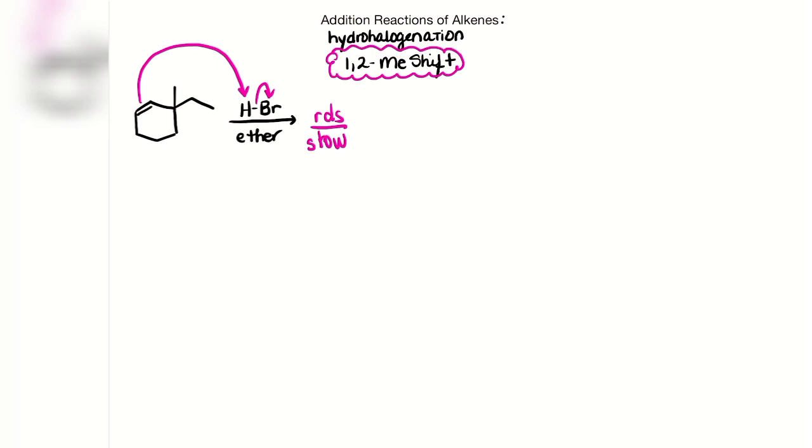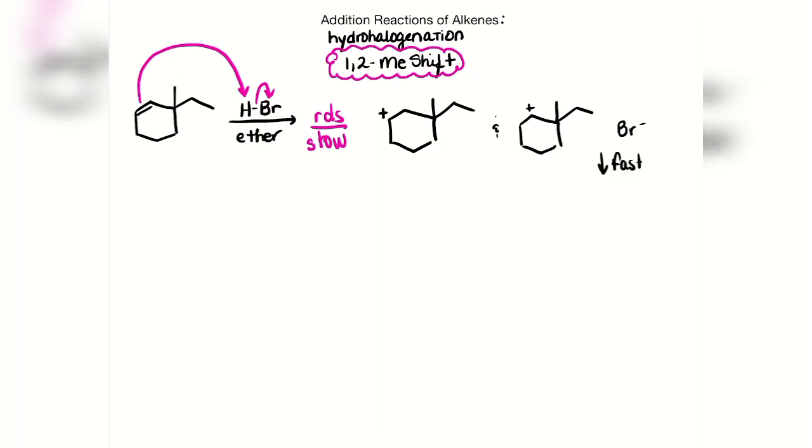and going through the motions of understanding I could have a carbocation here and I can have another one at the other carbon. You would then go through and complete both of those mechanisms in the fast rate.